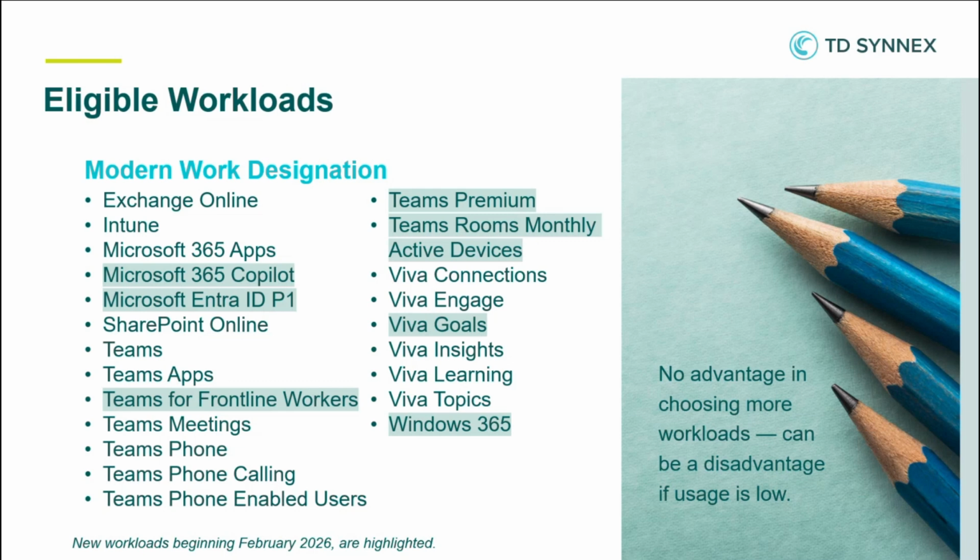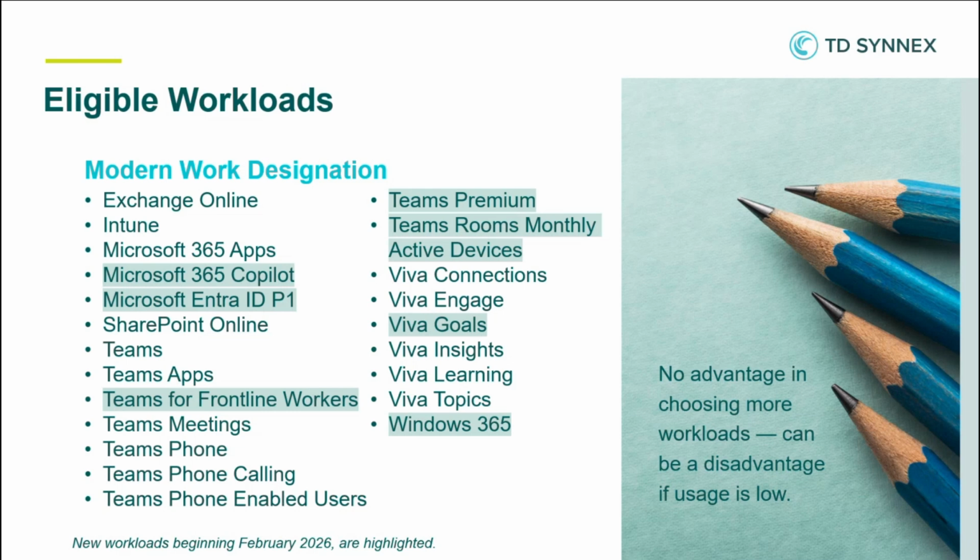Now, the other thing I'm going to caution is don't go and pick every single workload. There are workloads that partners or customers don't use, like Viva. Very few customers use Viva. And so when you associate it, there'll be like no usage or low usage.